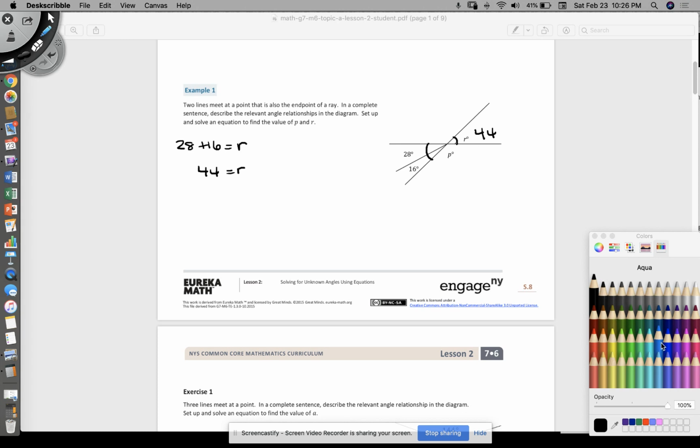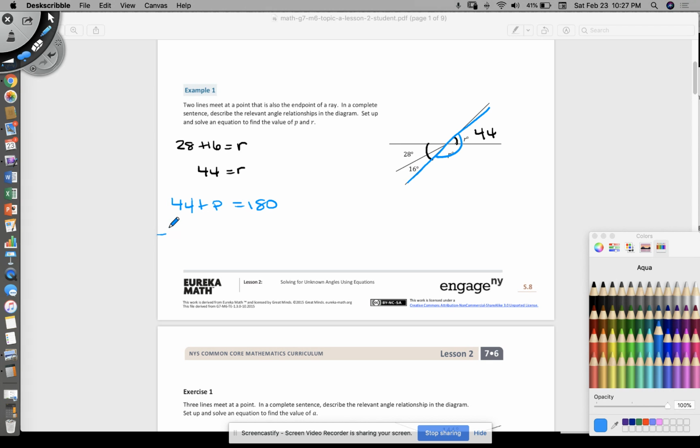Now to solve for P, I see that if I took angle R and I added it here, I'd form this straight line. So R plus P equals 180. And now that I know that R is 144, or not 144, excuse me, 44, I can say 44 plus that angle P equals 180 degrees.